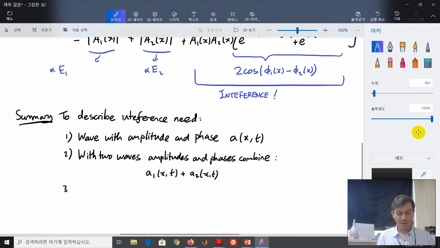And the third thing is the measurement, which in this case is the intensity of the wave, which should be proportional to the absolute value of this squared.